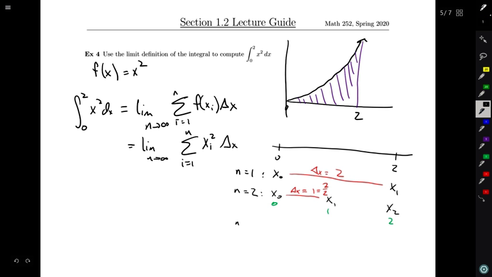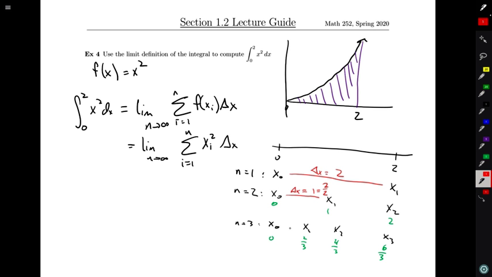If we move up to n equals 3, we have x0 again at the left endpoint, but now we're splitting the interval into 3 different pieces. So we have x1 at 2/3, x2 at 4/3, and x3 again at the right endpoint. So we have 0, 2/3, 4/3, and we could think about 2 as 6/3.